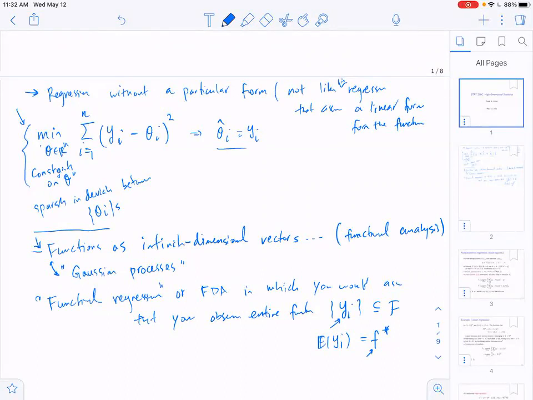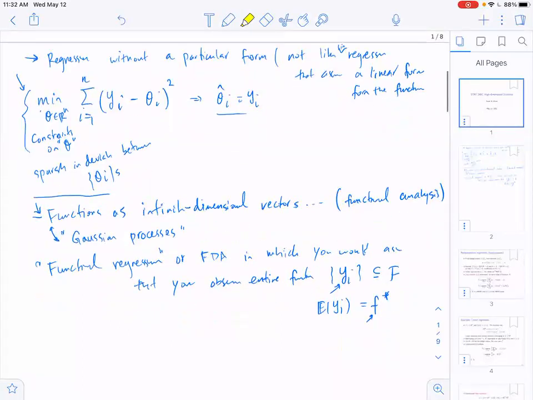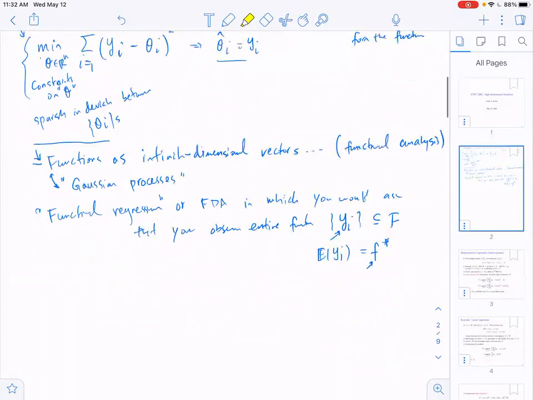This at least highlighted two different types of problems that we can think about. The one that Naveen mentioned is closer to non-parametric regression. This one is closer to functional regression, and they're related, but a little bit different.